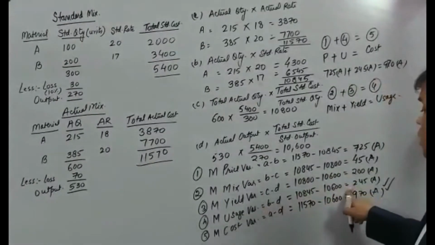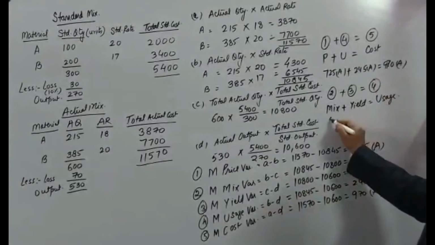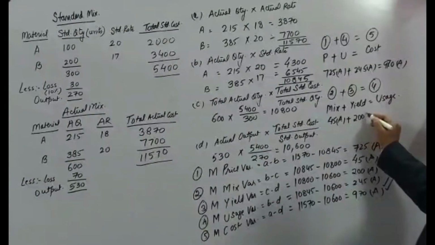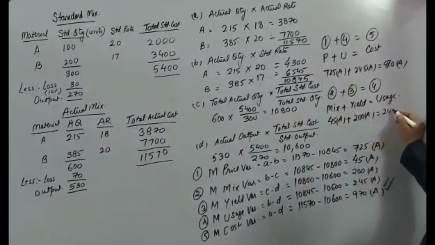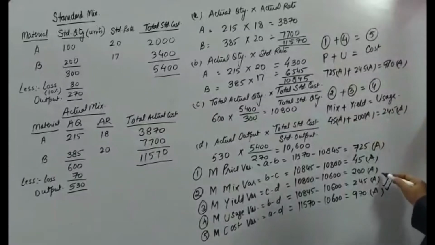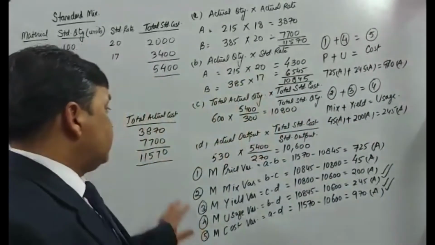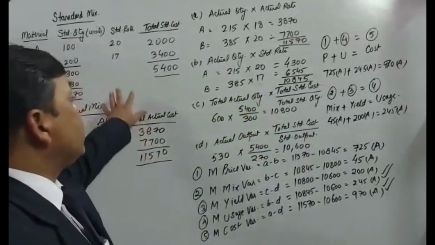It means 45 adverse plus 200 adverse is equal to 245 adverse, and we are getting the usage variance as 245 adverse, right?